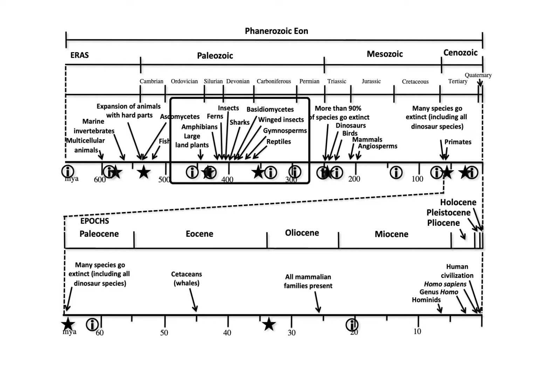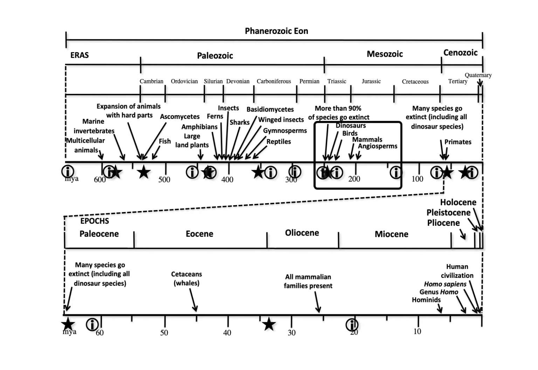The land starts to be inhabited here by animals and plants. So now there's a very protective ozone layer by this time, and these organisms can survive and come out and start colonizing the land. Insects, gymnosperms, and reptiles originate here, eventually mammals and dinosaurs around 200 to 250 million years ago.